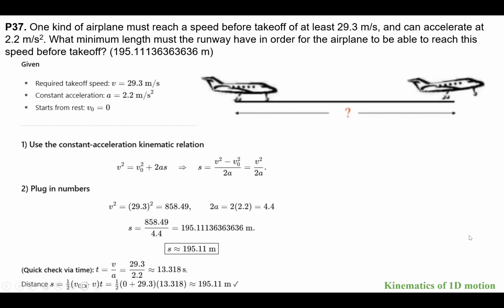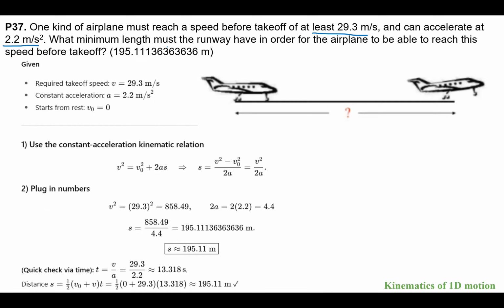One kind of airplane must reach a speed before takeoff of at least 29.3 meters per second and can accelerate at this rate. So speed and acceleration are given.